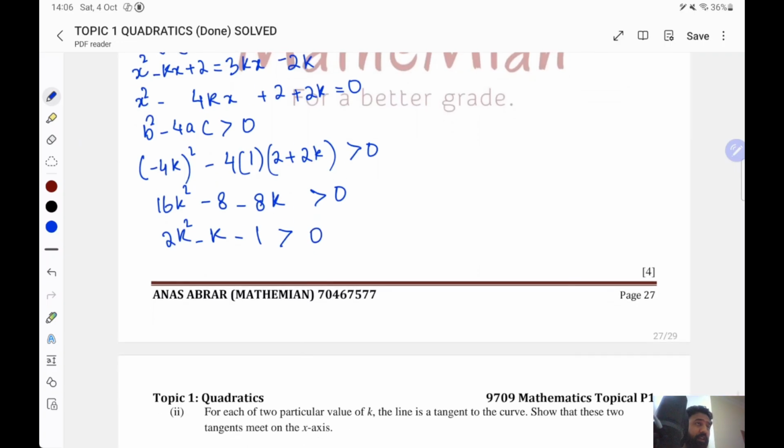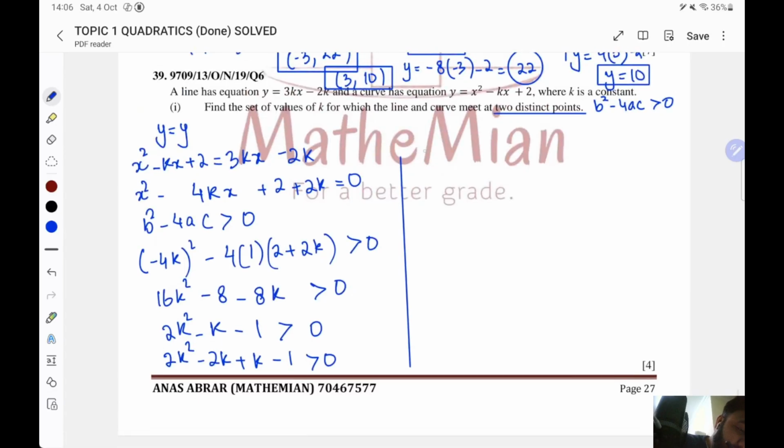So the two factors will be minus 2 and plus 1. So 2k square minus 2k plus k minus 1 greater than 0. If I solve it further, it will be 2k as common: 2k(k minus 1) plus 1(k minus 1) greater than 0. The two brackets will be (2k plus 1)(k minus 1) greater than 0.